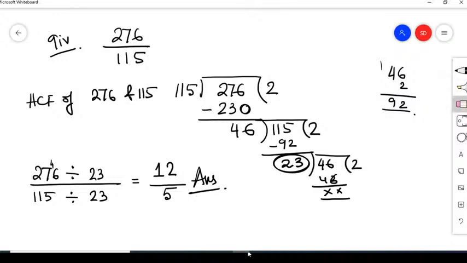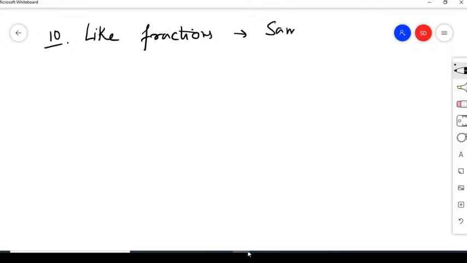Okay, so next we will move forward and do question number 10. In question number 10, what they have asked is convert the following into equivalent like fractions. This is important. What do you mean by like fractions? Like fractions means same denominator.